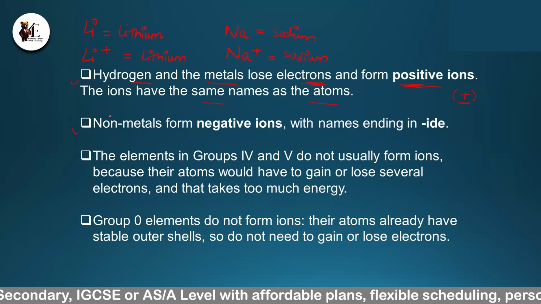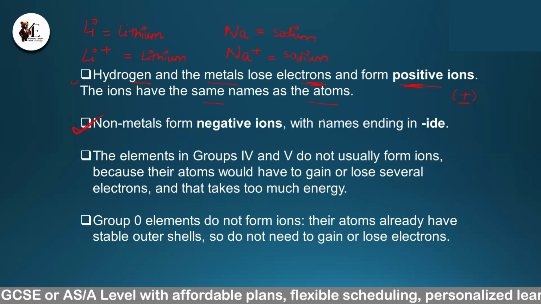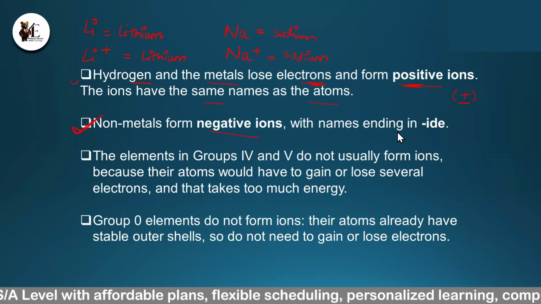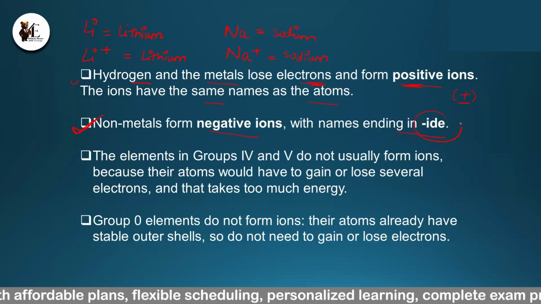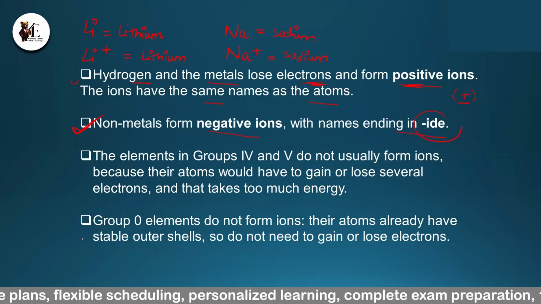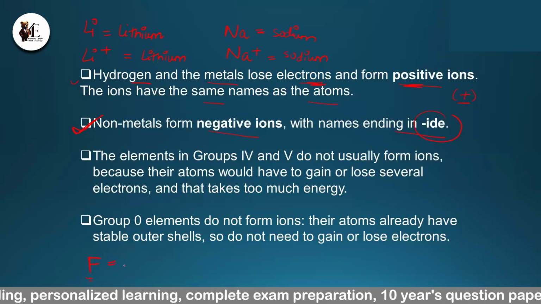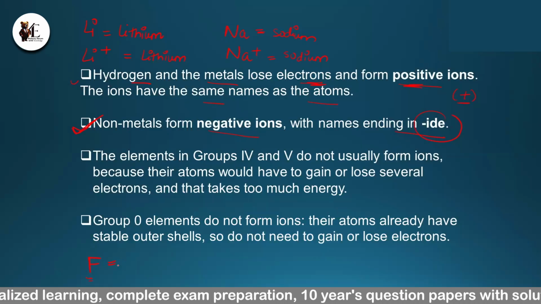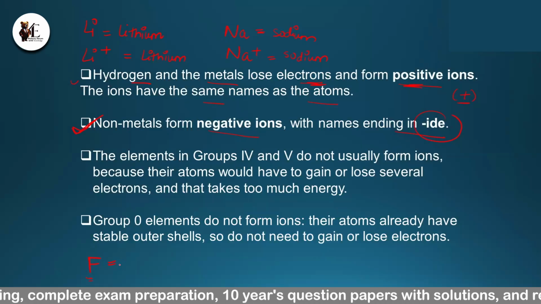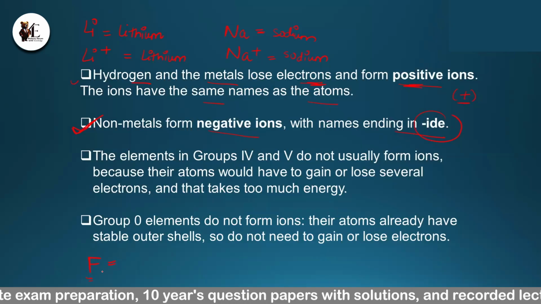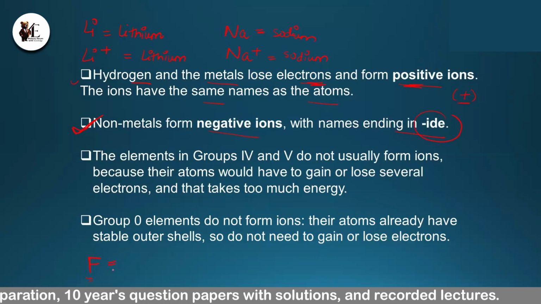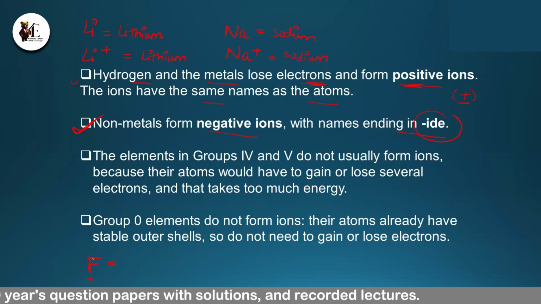But non-metals form negative ions, with names ending in IDE. Let us see an example. What is it called? F. Which element is it? Tell me, looking at your periodic table, which element is this F?